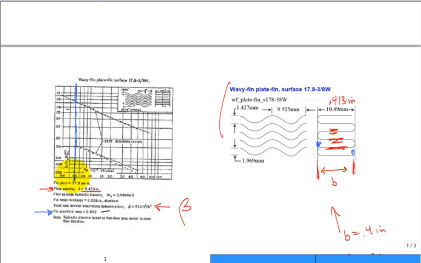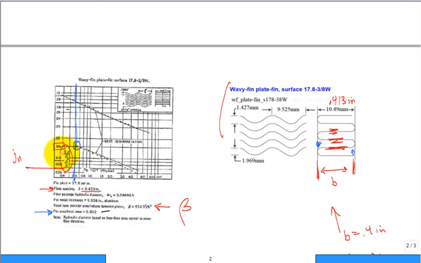To get the Colburn heat transfer factor, that's the bottom line, sometimes written J sub H. We read it off, and it's 0.015, roughly.